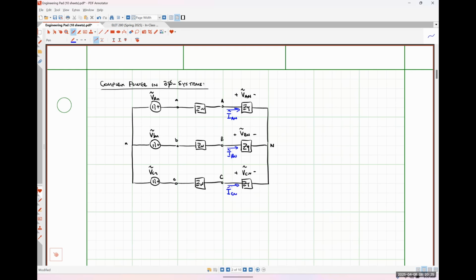So let's say that our voltage VAN is VP with an angle of theta V plus 0 degrees.